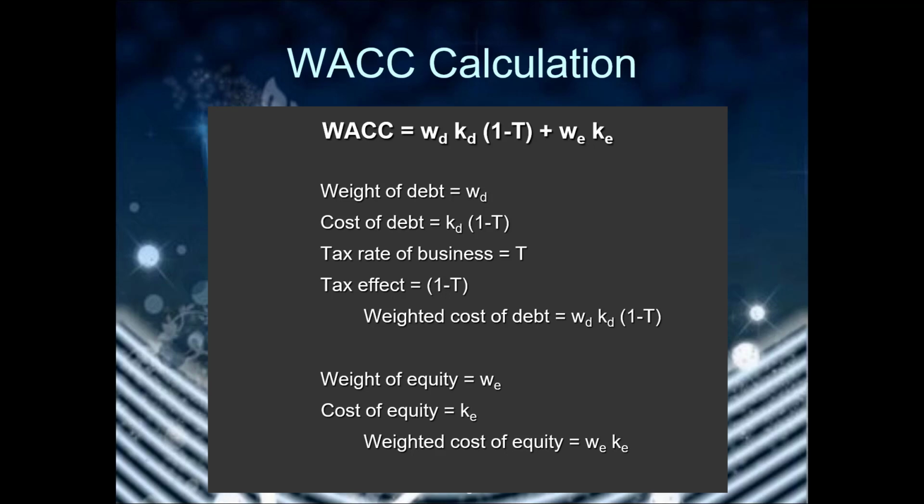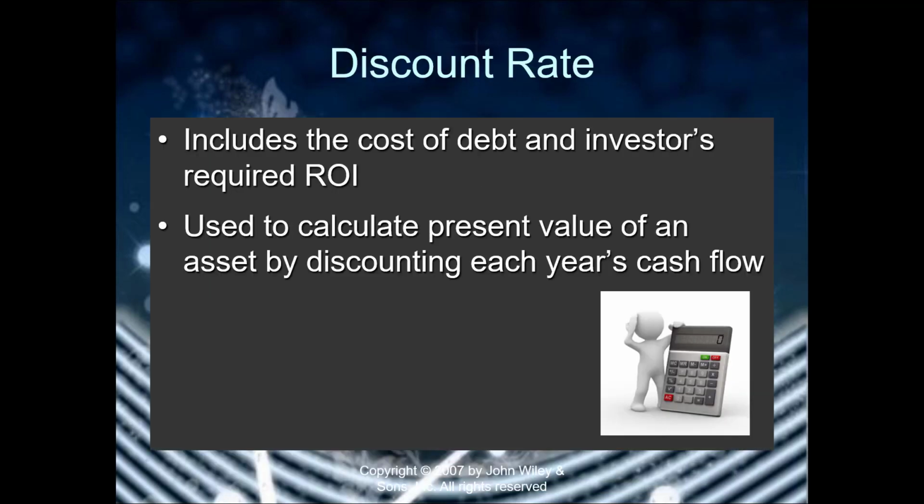And the cost of equity would be the hurdle rate, the investor's hurdle rate. What return do they want based on their equity contributions to our company? And once we do that calculation, that makes up our discount rate. Okay, this includes the cost of debt and the investor's required return on investment.